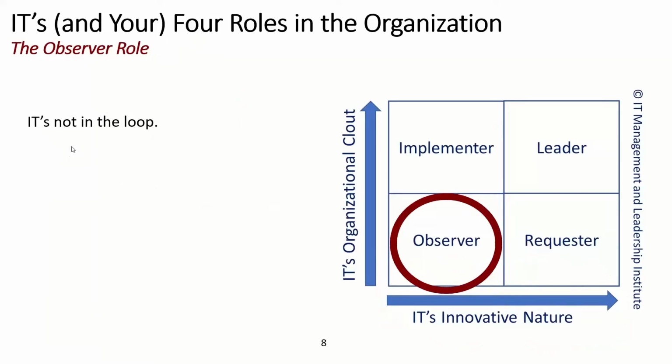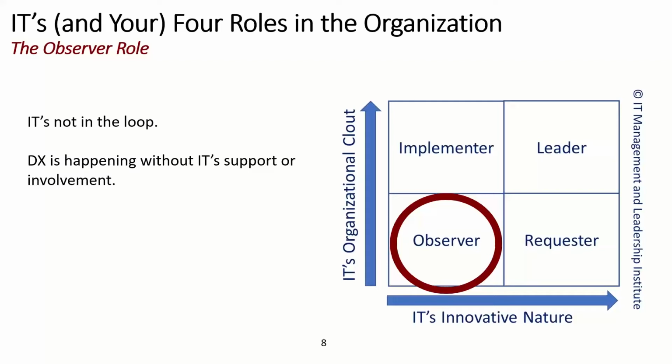An observer. Basically, what this means is IT just isn't in the loop. More particularly, it means that all of the digital transformation that's happening is happening without IT support or involvement. So you can say, well, how can that happen? Well, with cloud computing, if you're implementing, say, Salesforce, just picking on a CRM system, for example, and there's no connectivity to the internal systems, then all the VP of sales needs to implement Salesforce, other than certainly permission, is budget and a credit card.